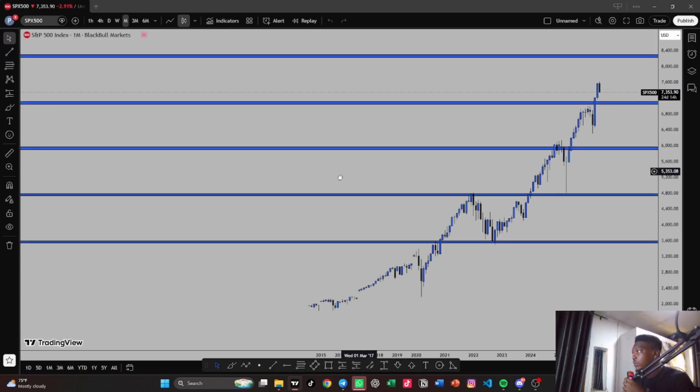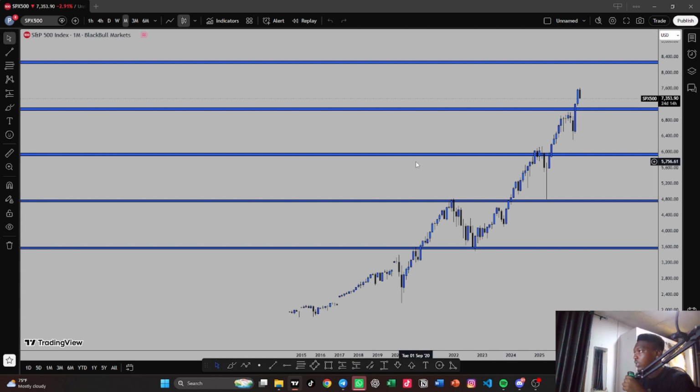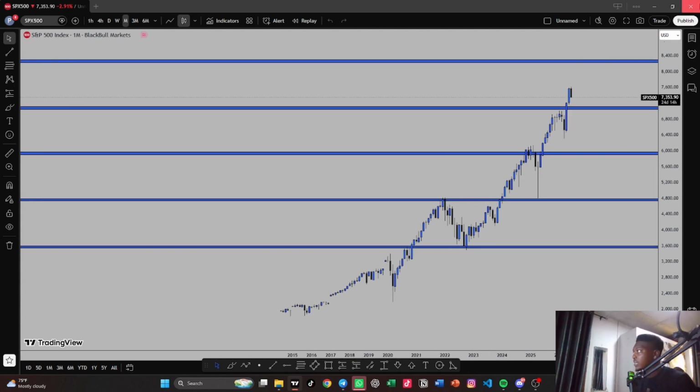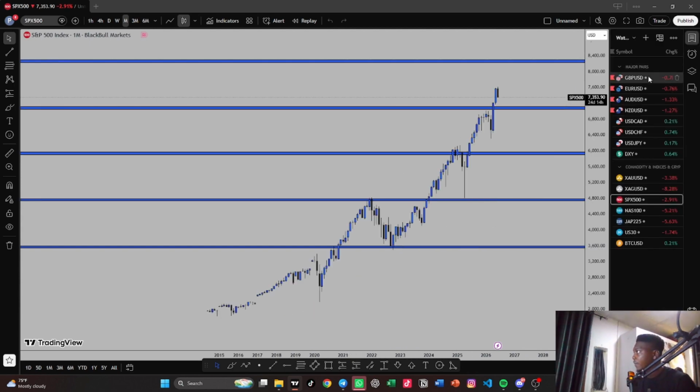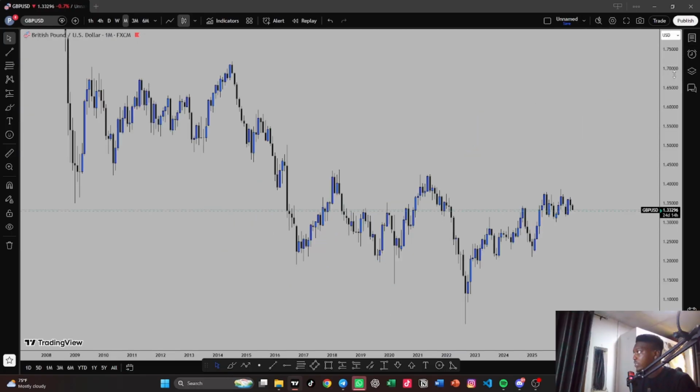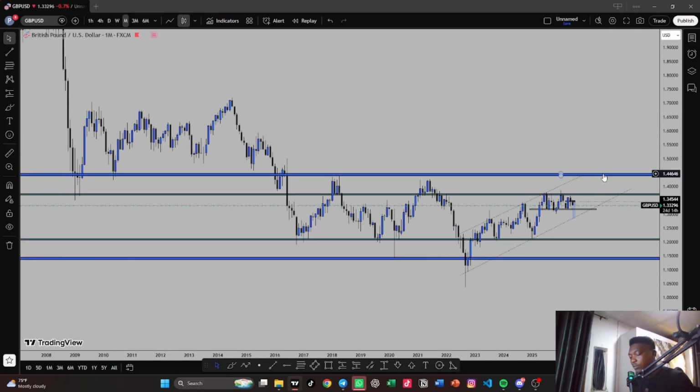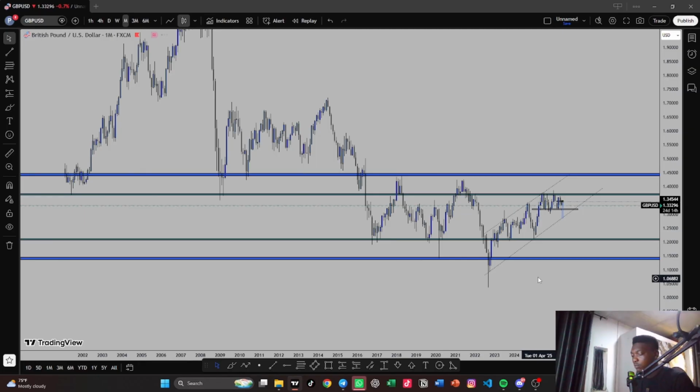Alright, so here on the chart, guys, let's start from the very beginning. GBP USD. For some weeks ago, we've been trying as much as possible to buy this particular pair. I personally experienced a series of losses for the past 2 weeks.